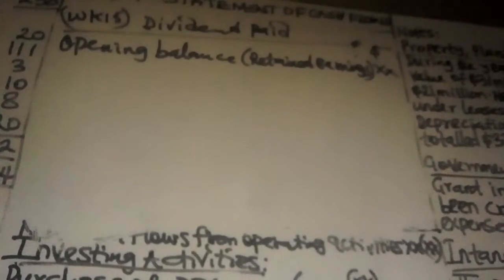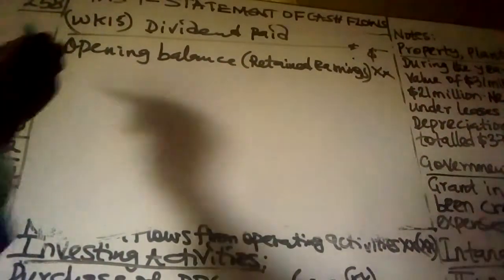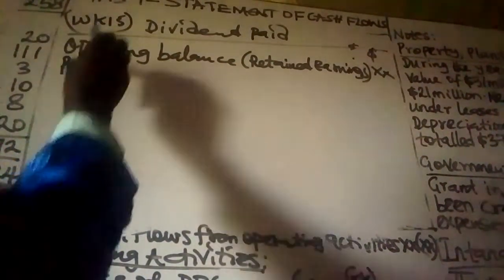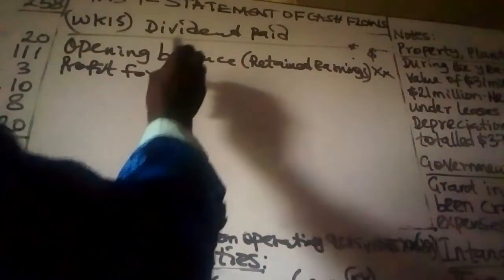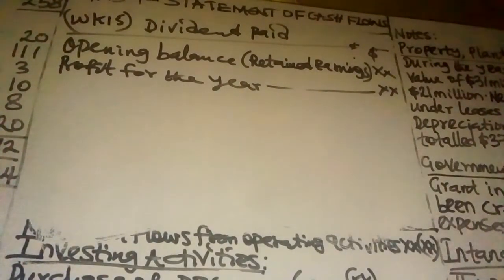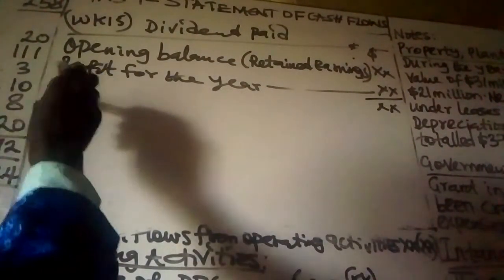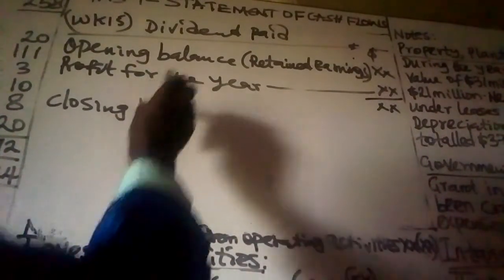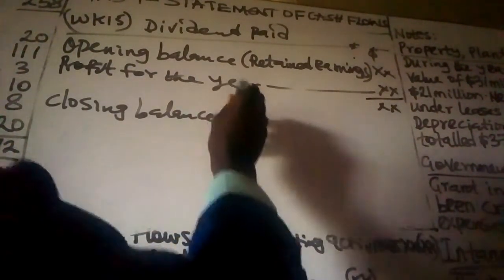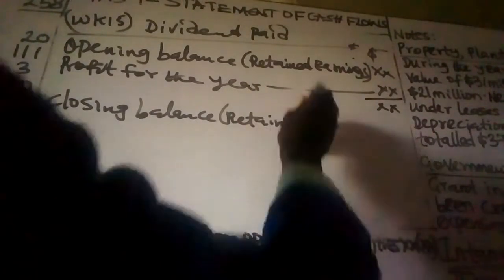Then we now have profit for the year, which will be obtained from the statement of profit or loss. Then when you sum it up, you less closing balance of retained earnings.